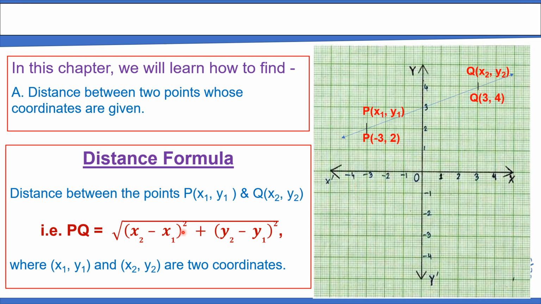Since there is a square here, even if you write (x1 minus x2) whole squared plus (y1 minus y2) whole squared, it doesn't matter, you will get the proper answer only. The answer will not be wrong, but it is always advisable to go according to the given formula only.